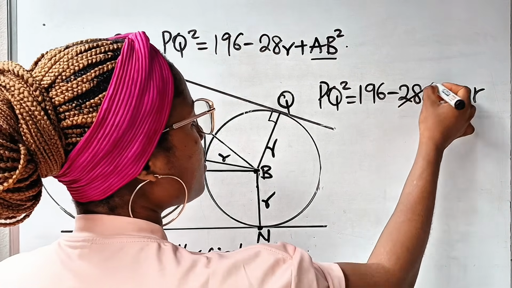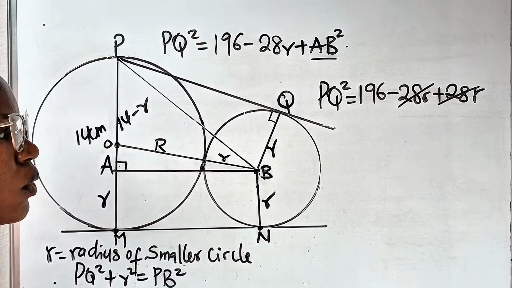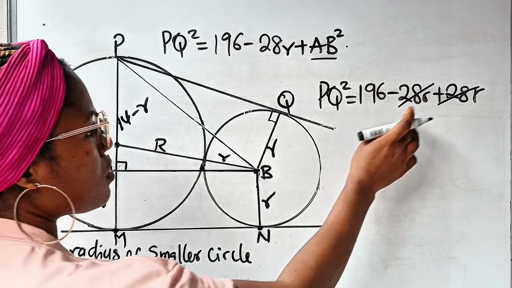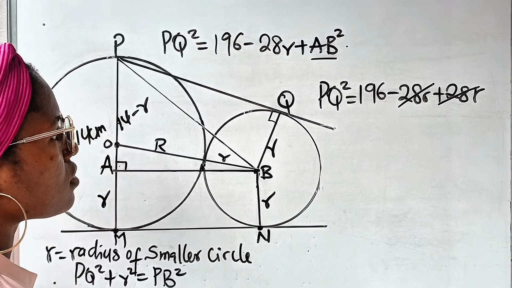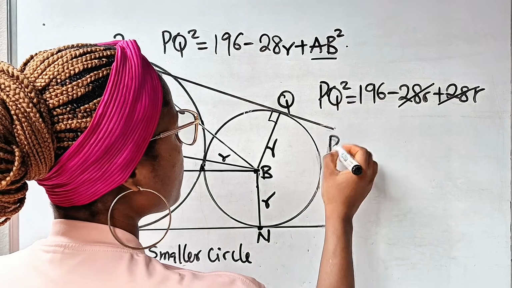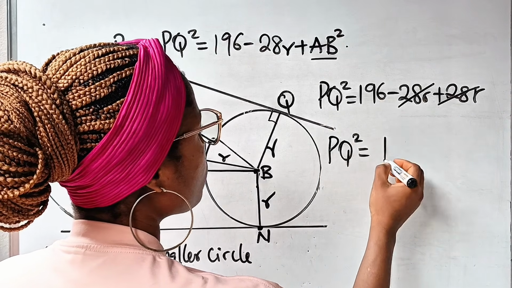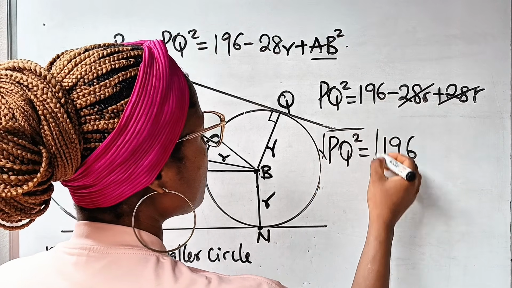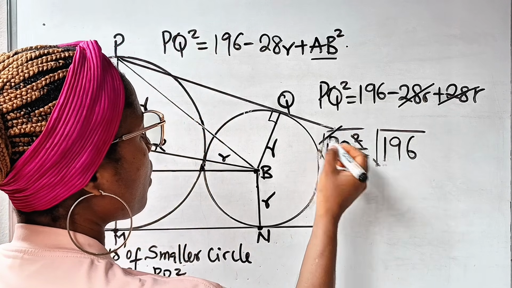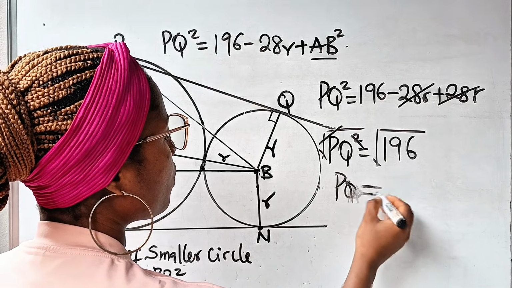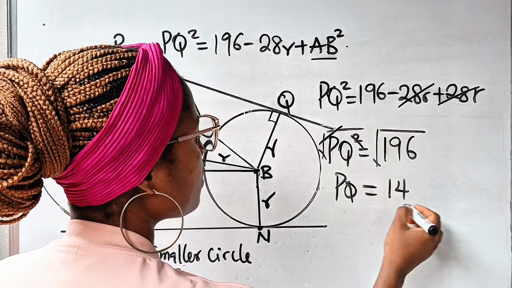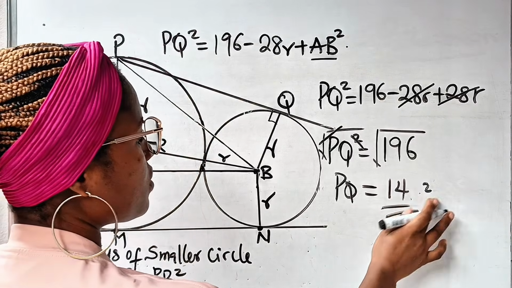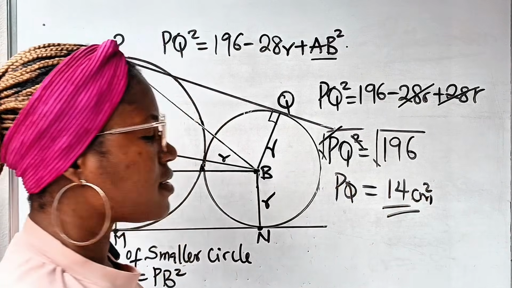You can see that this and this will give us zero, using the inverse property. Now we have PQ squared is equal to 196. So we take the square root of both sides. PQ is equal to 14 centimeters. And that is the answer.